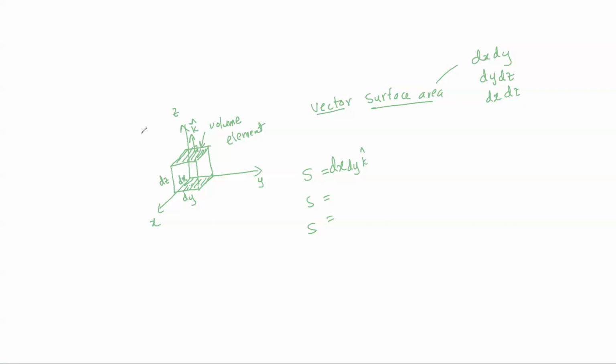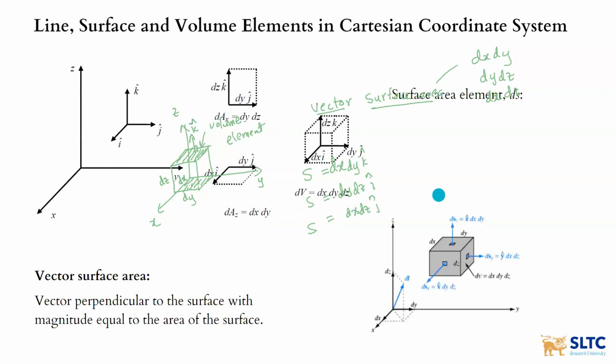Okay, so I think I will explain what surface areas are. Okay, vector surface areas. The other vector surface areas are dy dz multiplied with the perpendicular vector, which is i hat. Dx dz multiplied by the perpendicular vector j hat. So these are actually not that difficult. Once you follow the pattern, you can understand it very easily, right?